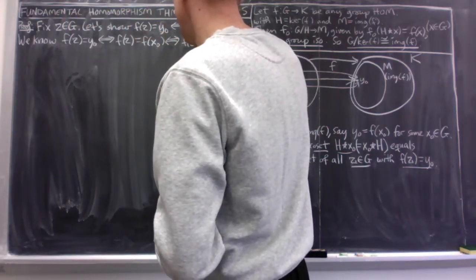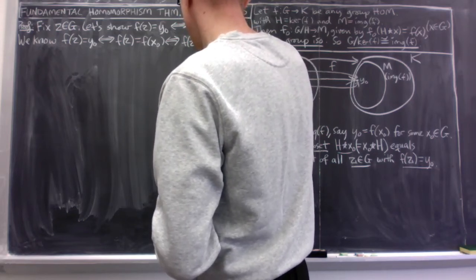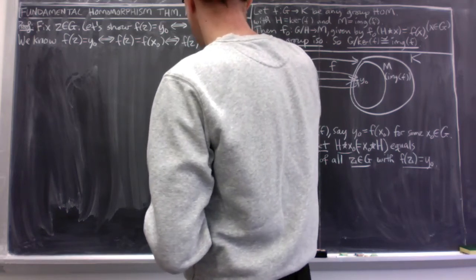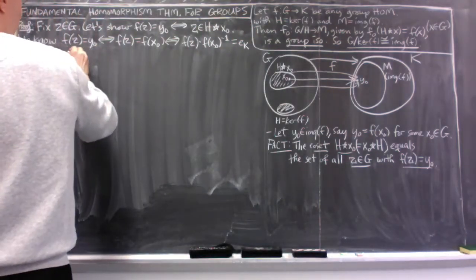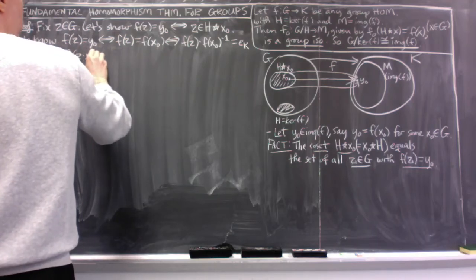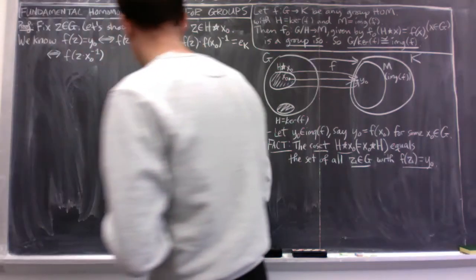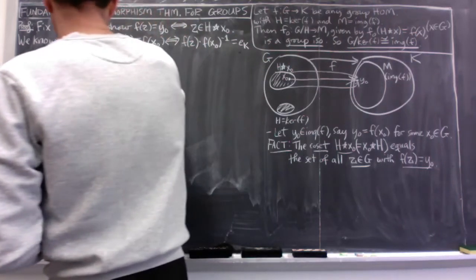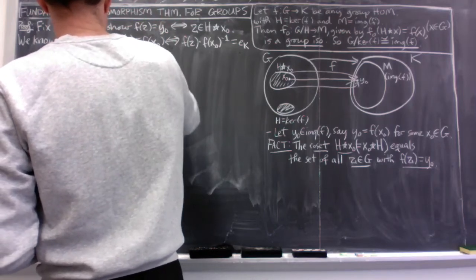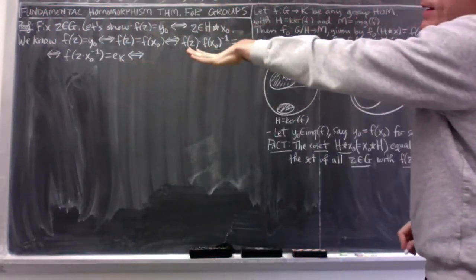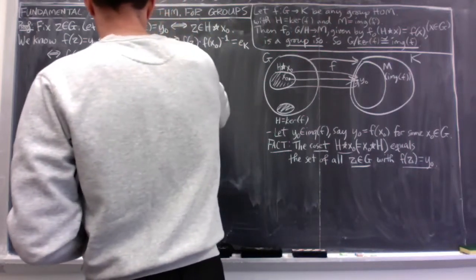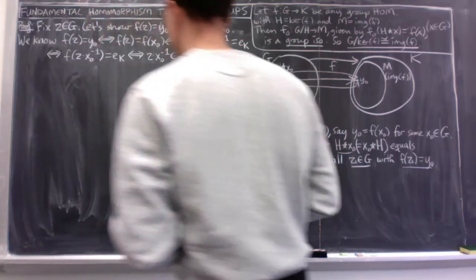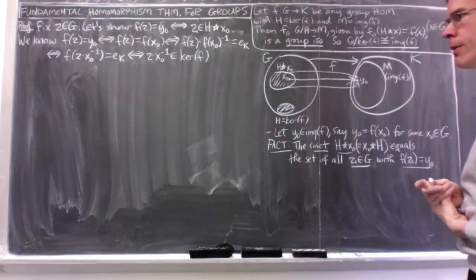And then we do the same thing we just did. We dot by f of x naught inverse. And I'll condense some steps here. So by homomorphism properties, that changes into the fact that f of z dot x naught inverse is equal to e sub k. And that's equivalent to z dot x naught inverse belonging to the kernel of f, because it goes to e when we apply f.